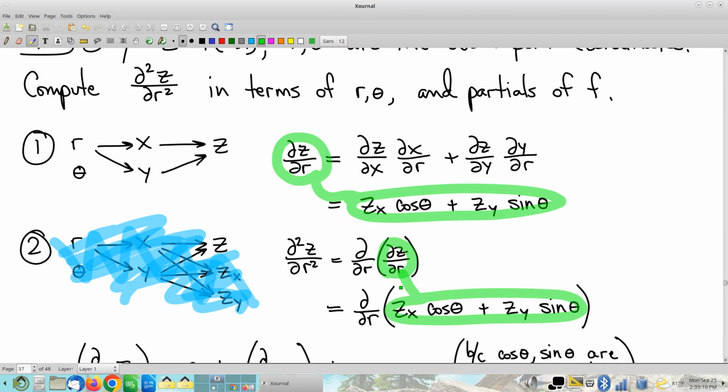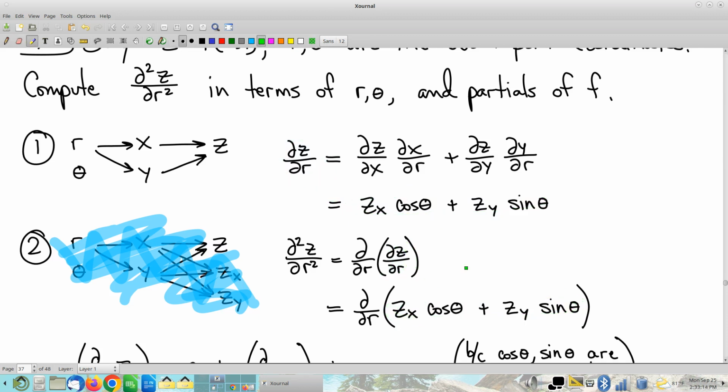Now here's where we have to start being kind of careful. How am I going to make sense out of this whole thing? It's very important at a time like this to be explicit on your diagram, at least to yourself, about what's going on, what variables are playing what roles. So notice we're taking a partial derivative with respect to r.